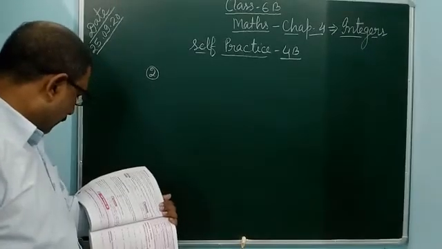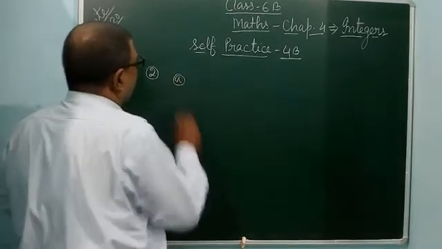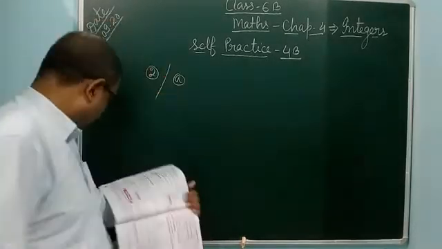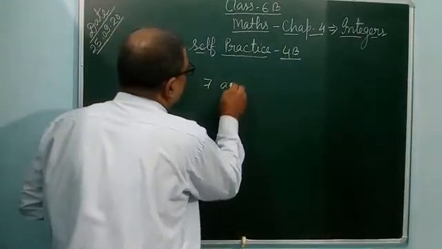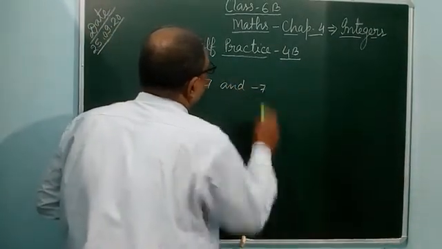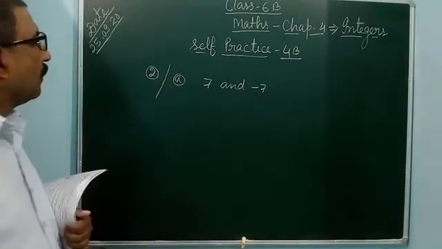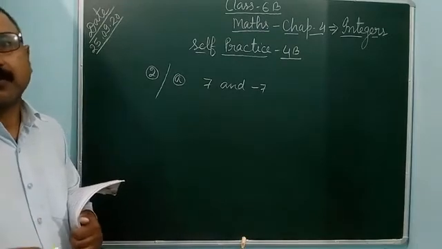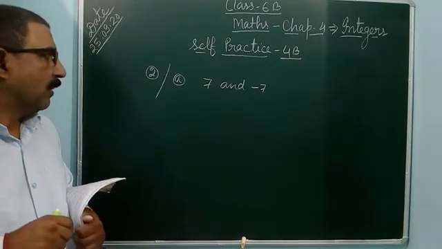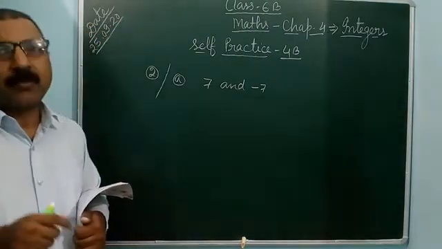Smaller means... Question A: you compare the integers 7 and minus 7. Which is smaller? You know, a positive integer is always greater than a negative integer, and you can also say a negative integer is always less than a positive integer.